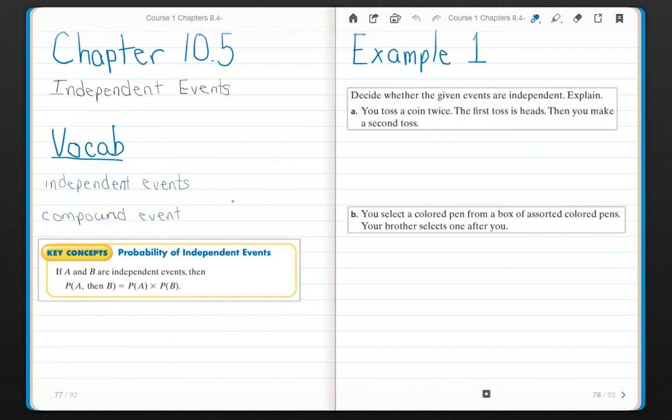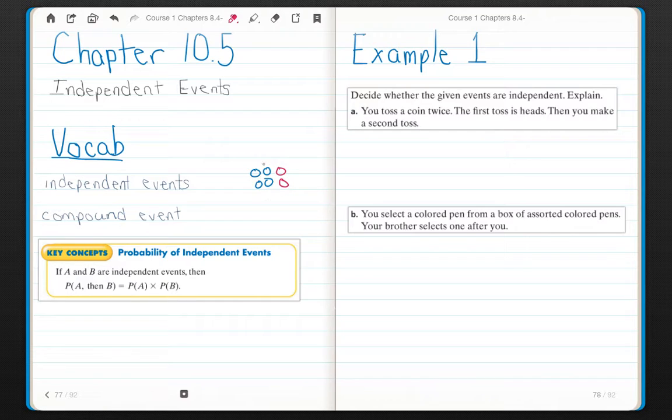For example, if I have some marbles in a bag, let's say I have some blue marbles and some pink marbles. Let's say I draw out a blue marble and then I put that blue marble back in the bag. What's the probability that I'm going to pull a pink marble?